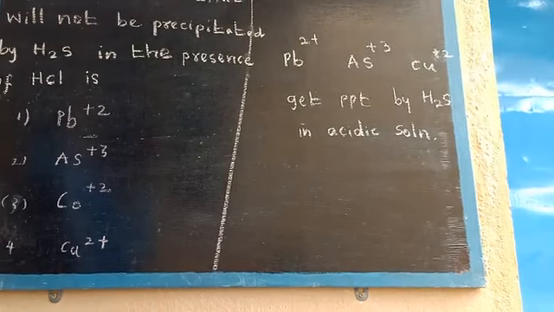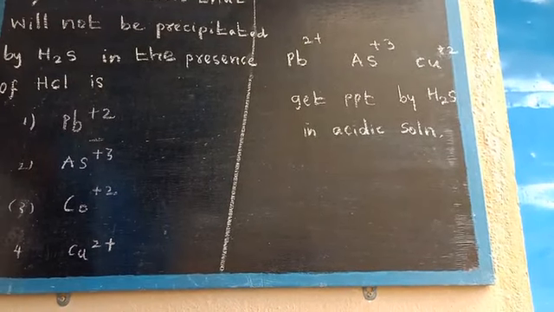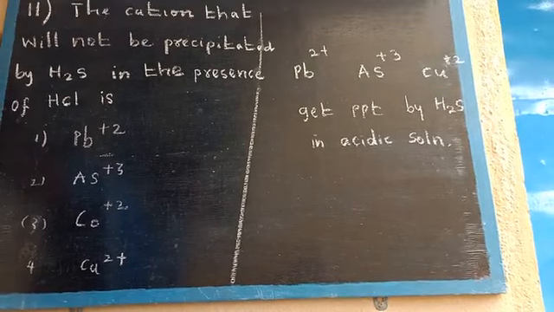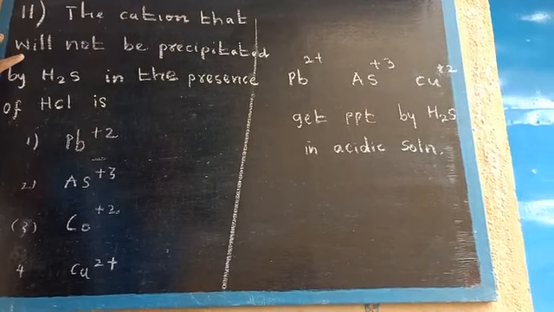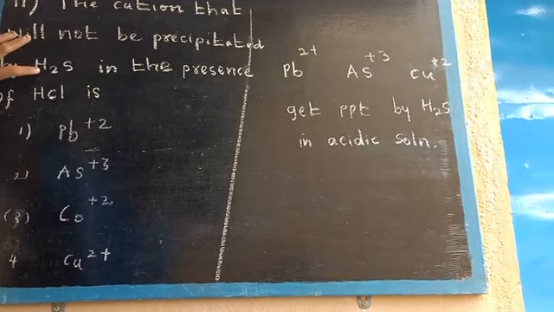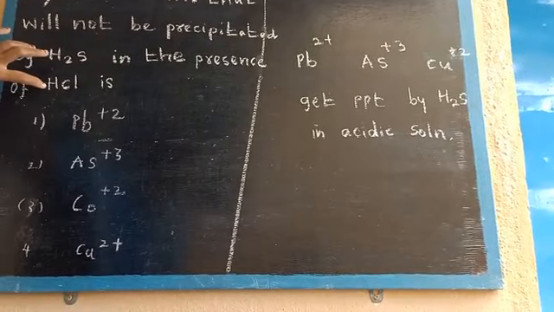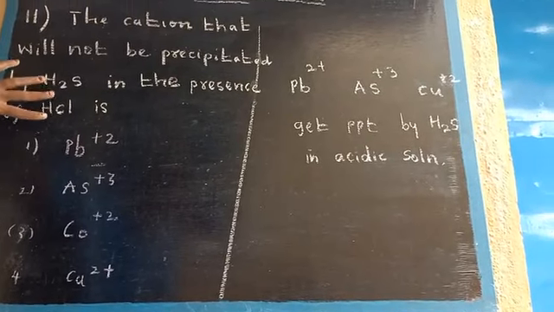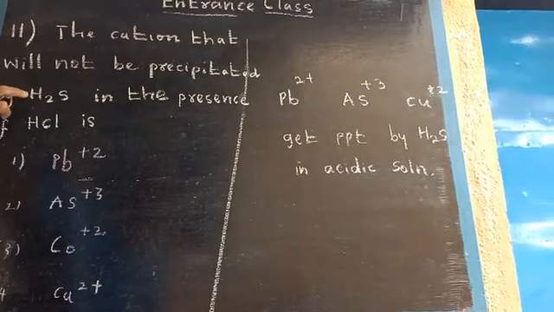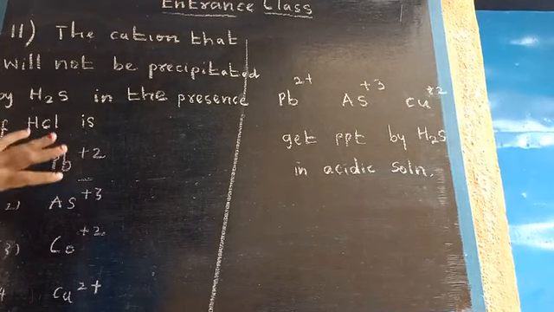The next question: the cation, you know very well, has a positive charge, that will not precipitate by H2S in the presence of HCl. So hydrochloric acid, H2S, is the acidic medium.